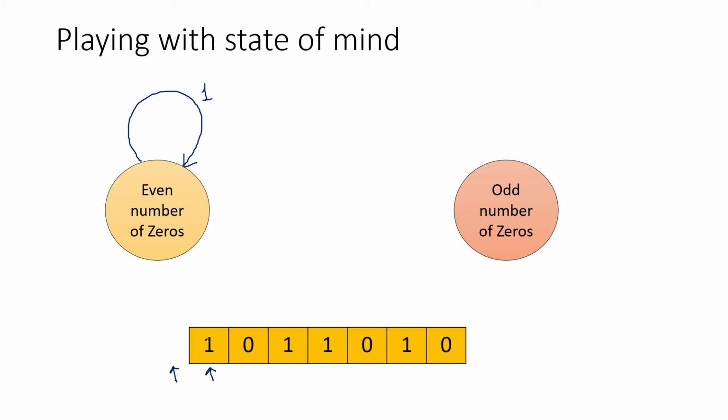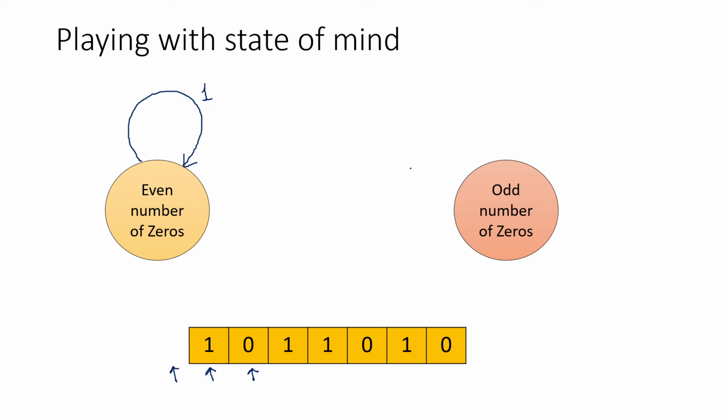So you are over here, and then your read head will move and come here. I have already explained that if you have seen an even number of zeros and you read another zero, then as a whole the number of zeros you have encountered should be odd.